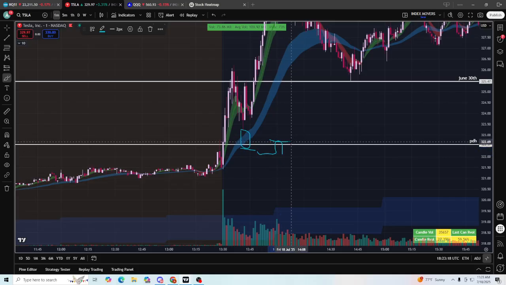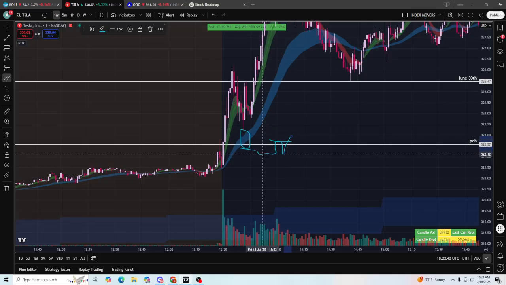So now we know that right here, 322.74 would kind of be, we want to see that, we want to build over that, right? So as soon as we actively build over that new short-term resistance, then we would get in.